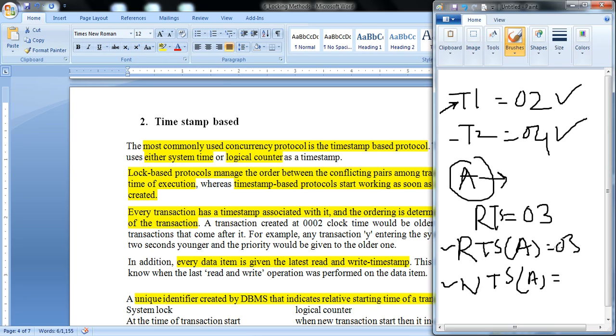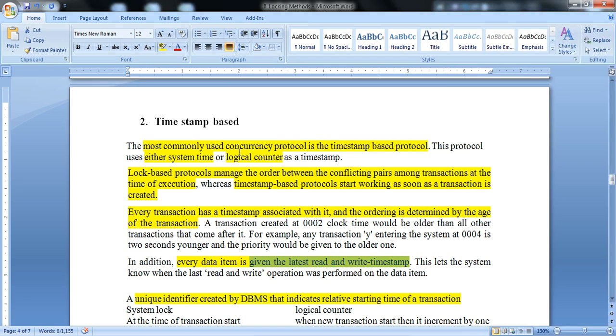So these are the timestamp values of read and write of a data item, and the timestamp value of the transaction when the transaction started. That is the concept under timestamp based.